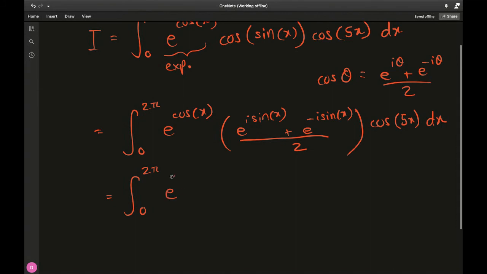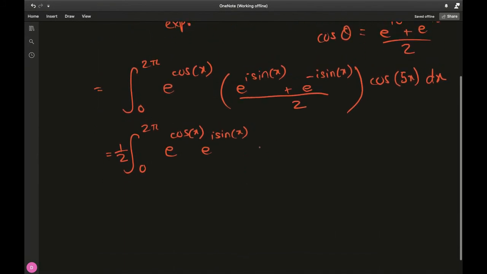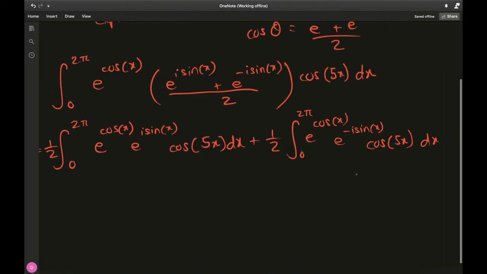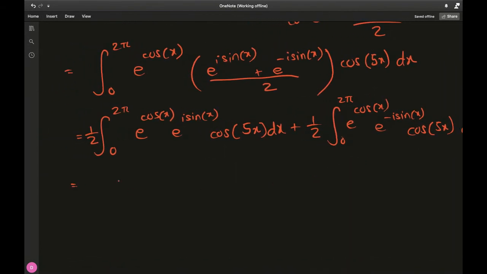So we'll have e to the cosine of x multiplied with e to the i sine of x, and take the half outside, multiplied with cosine of 5x dx, plus, I'm just writing this in terms of two integrals by linearity, half of the integral from 0 to 2 pi of e to the cosine of x times e to the negative i sine of x times cosine of 5x dx.